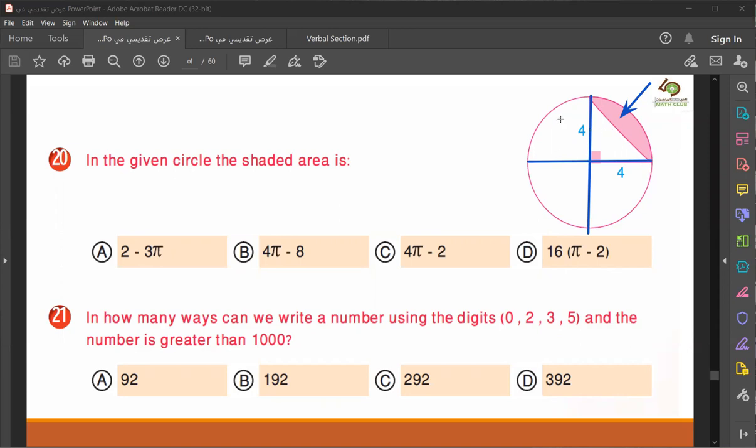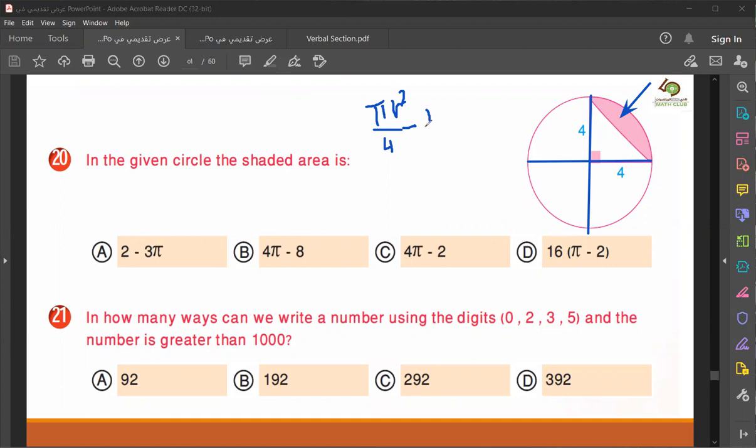How I find the area of the circle? It is pi r square divided by 4, right? Divided by 4 minus the area of the triangle. What is the triangle area?